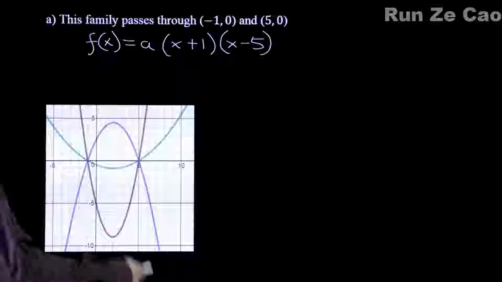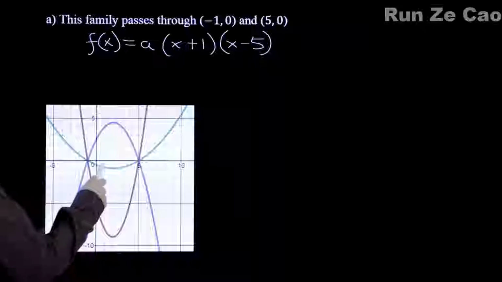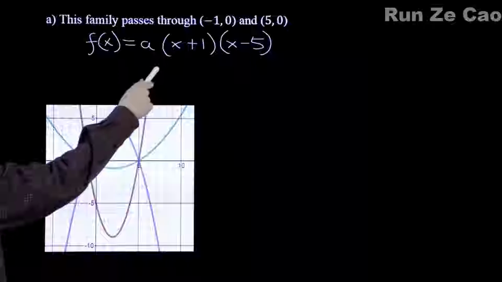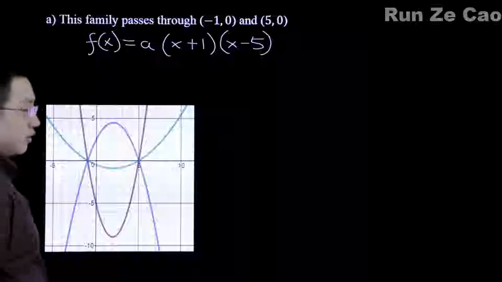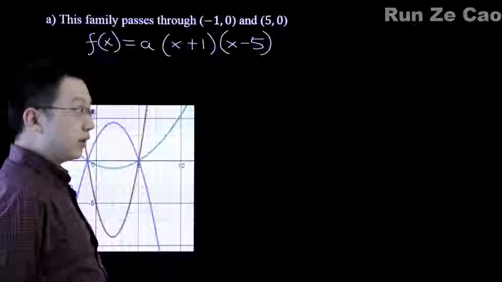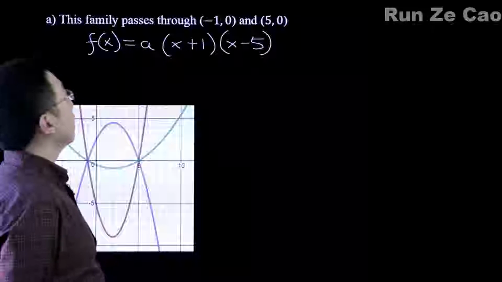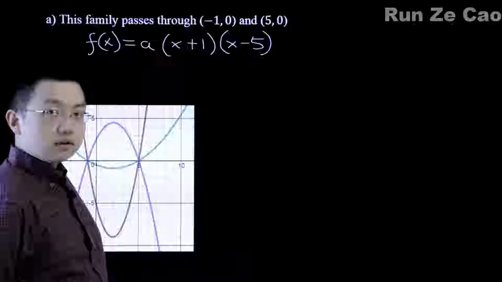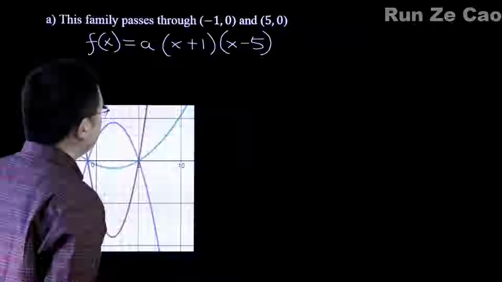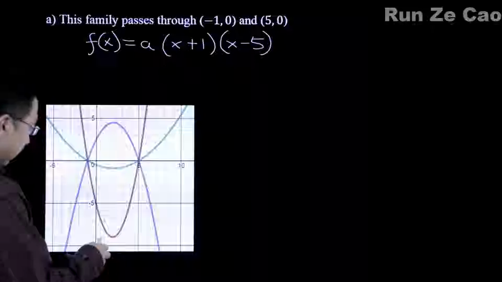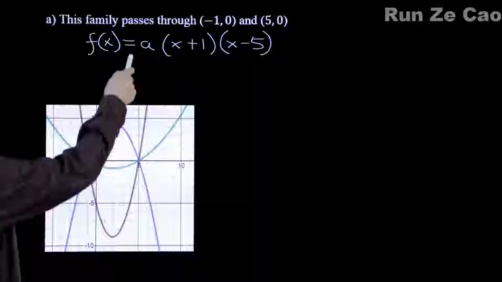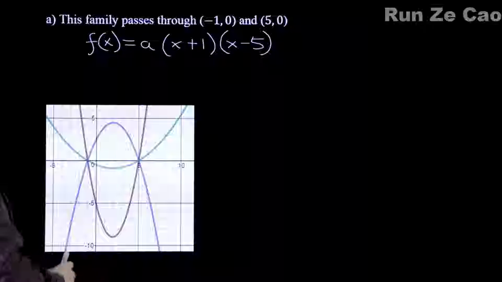So, x equals 2, and if we want (x plus 1) times (x minus 5), so in other words, 2 plus 1, 3, times x minus 5, that's negative 3. So negative 3 times positive 3 is negative 9. Lo and behold, if a was 1, that would be over here.